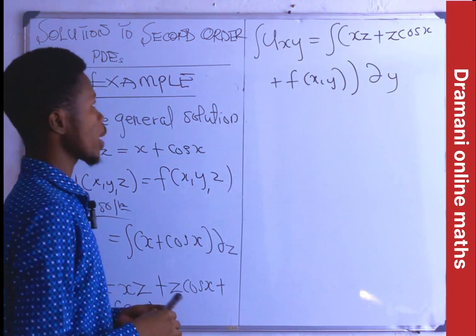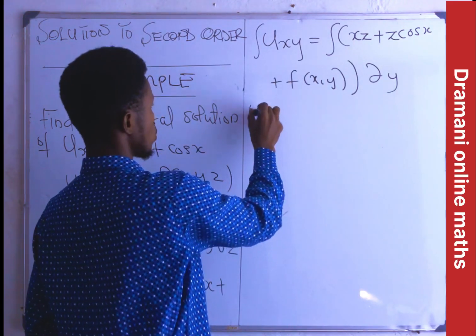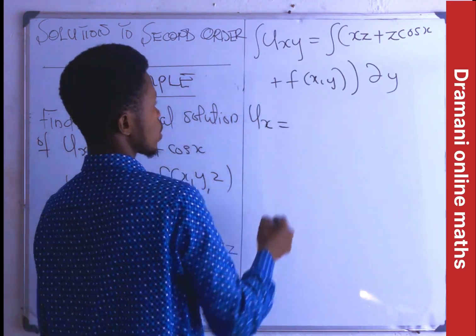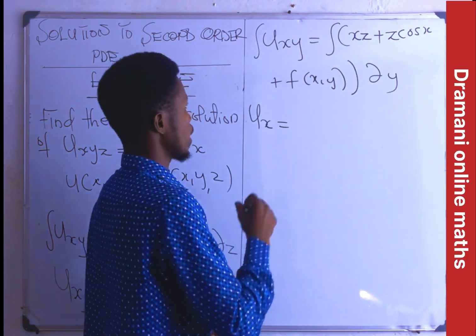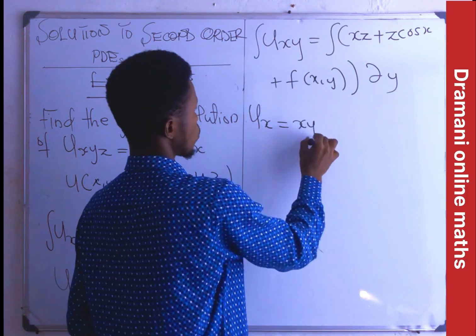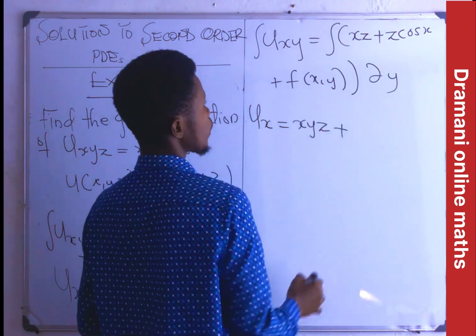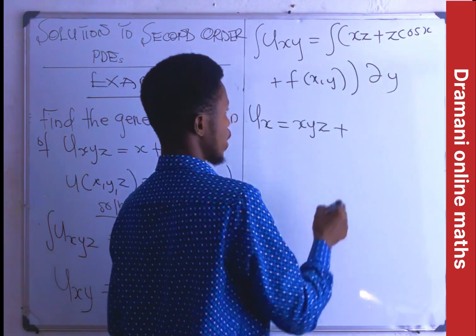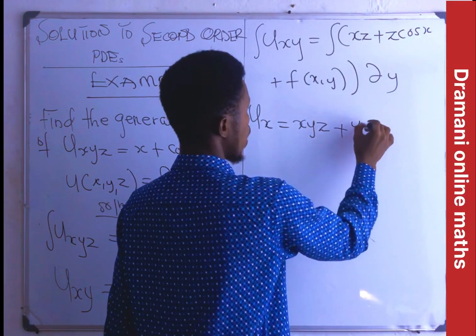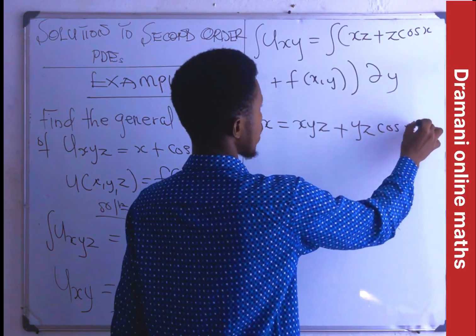So with respect to y, here we are left with what? U x equals. Now if I'm integrating with respect to y, it means that I'll multiply this one by y. So I'm going to have xyz plus, with respect to y, there's no y here, so all treated as constant. So I'm going to have yz cos x.